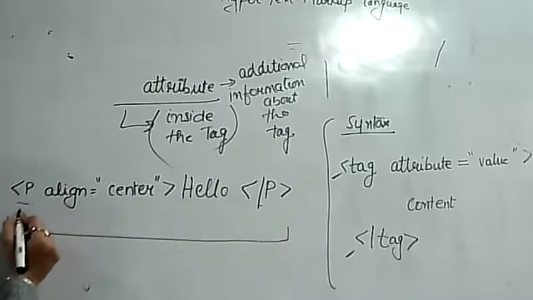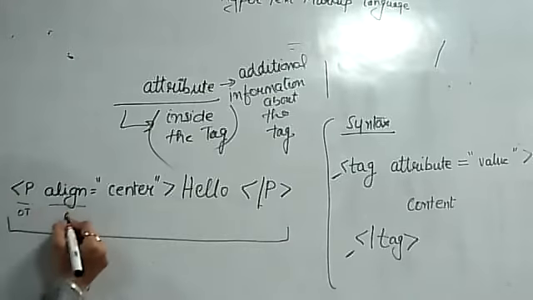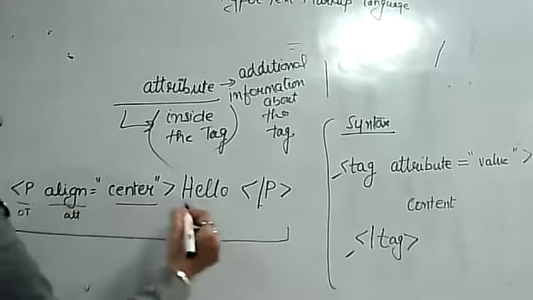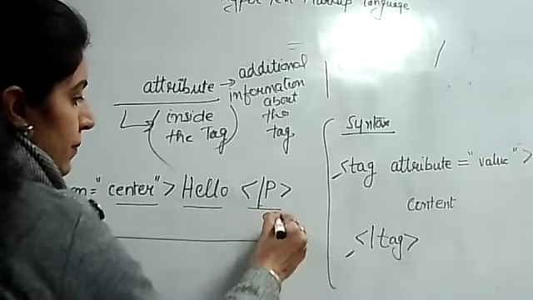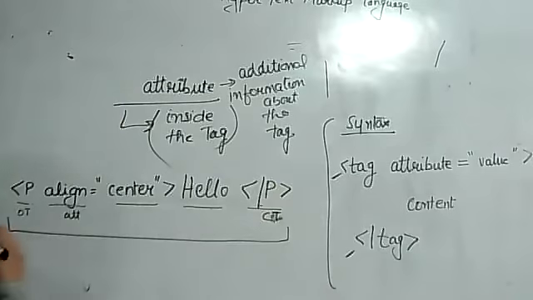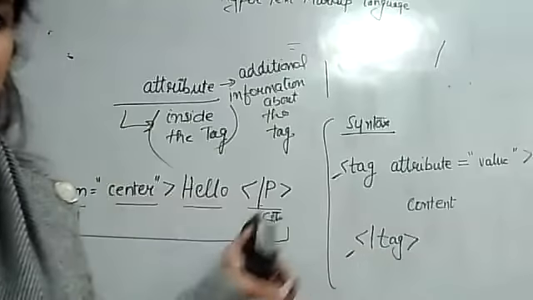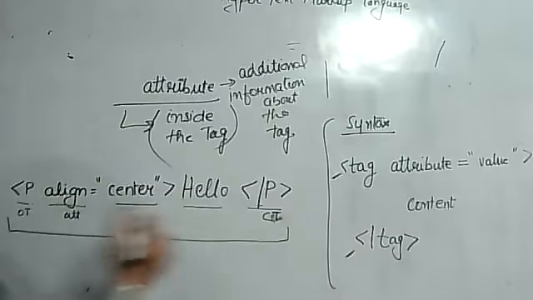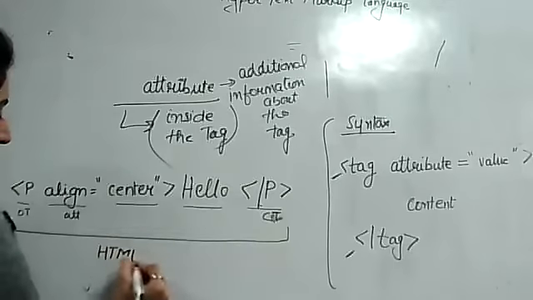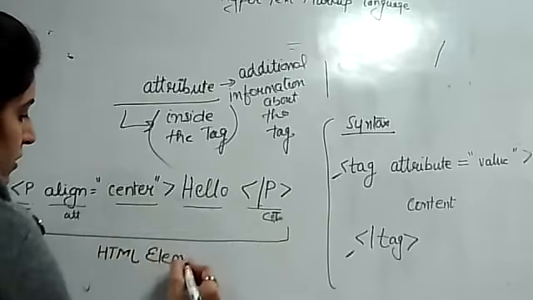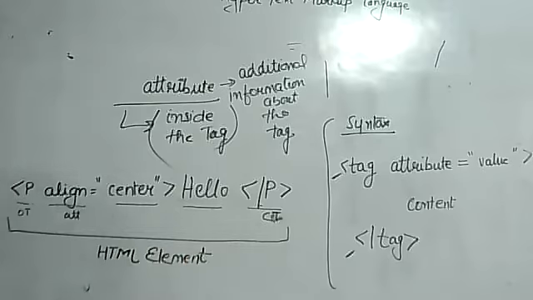This is the opening tag, this is the attribute, ये attribute की value है, ये content है, और ये क्या है? Closing tag, right? This complete thing, जहाँ पे opening tag भी आ रहा है, जहाँ पे closing tag भी आ रहा है, and the content is also there. This complete thing is called an HTML element.